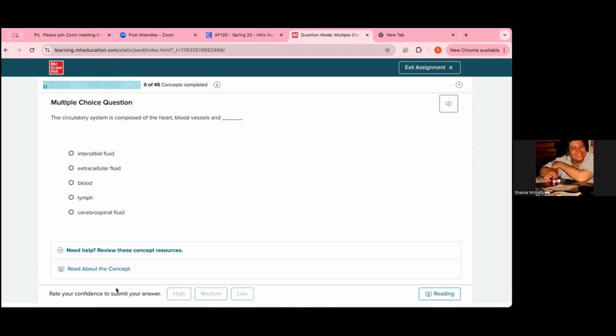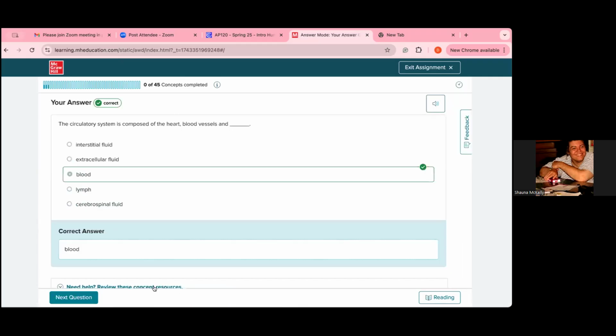All righty. The circulatory system is composed of the heart, blood vessels, and blood. We read that. The heart, blood vessels, and the blood itself. Okay.